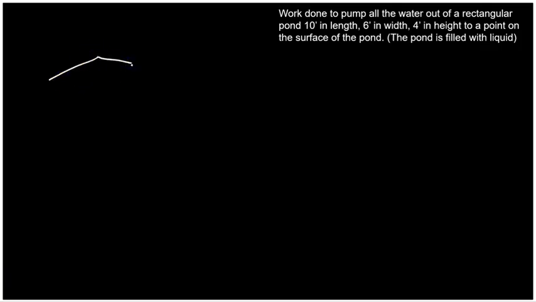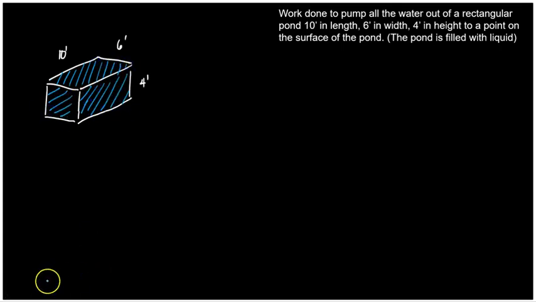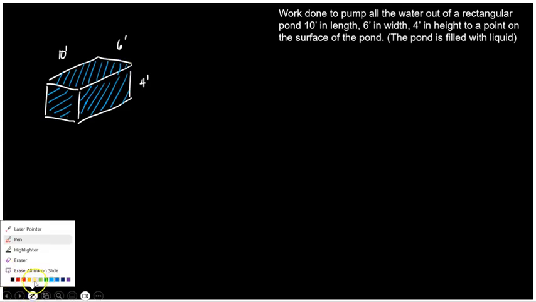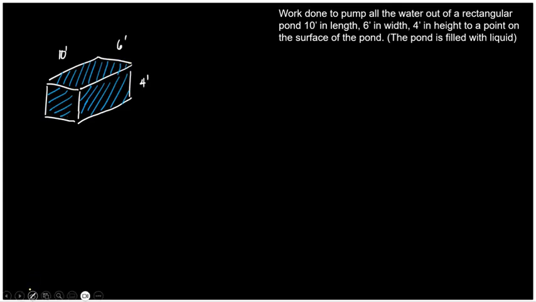You have a pond that is 10 feet in length, 6 feet in width, and 4 feet in height. So it's originally filled with liquid, let's just say up to that height. And then we need to know the work that's needed to pump out all of the liquid up to the top of the tank.